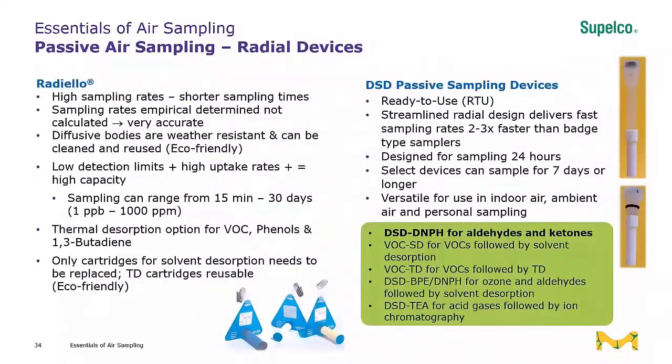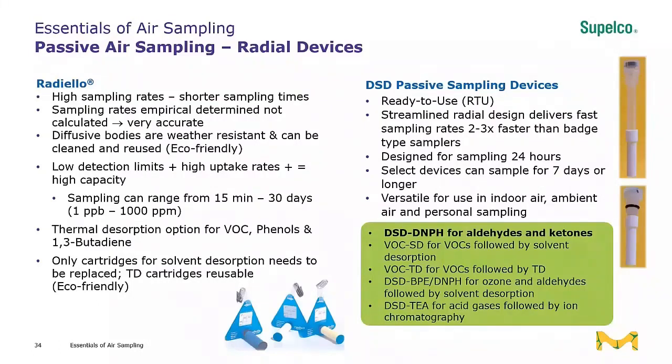Now, looking at the two different types of radial passive sampling devices, Radiello has very high sampling rates and is amenable to also shorter sampling times if needed. Sampling rates are determined experimentally and not calculated, therefore they're very accurate. And the diffusive bodies are reusable and they're eco-friendly.